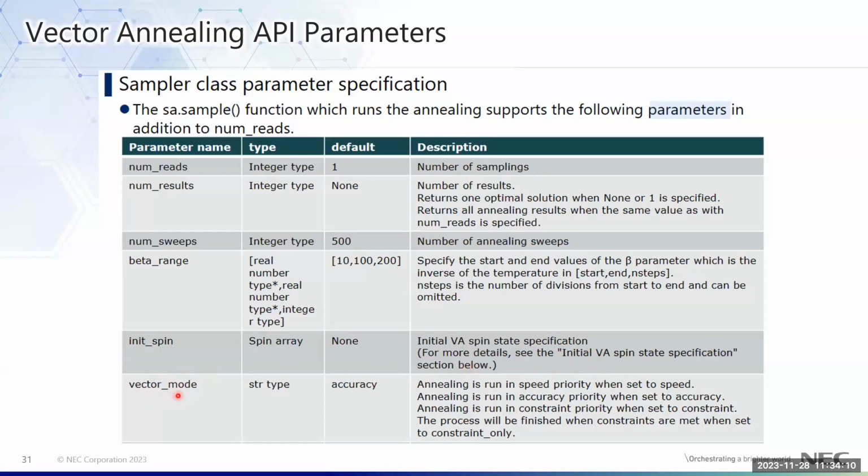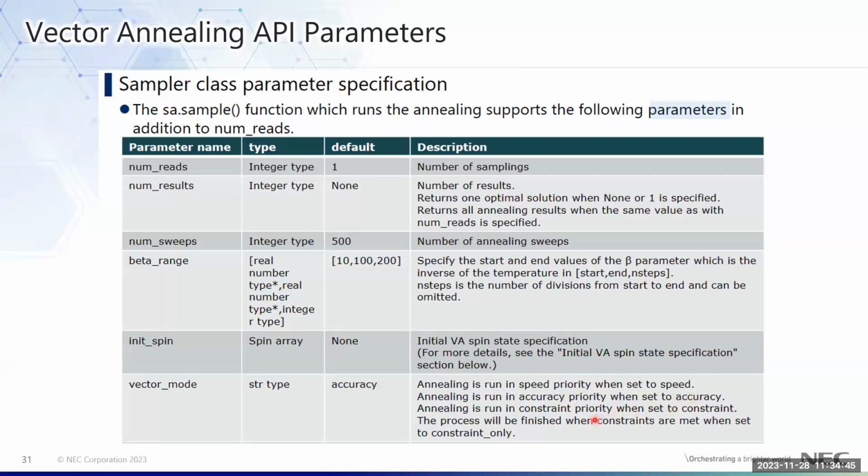Vector mode is also important, where you can either set it to accuracy or you can set it to speed. Annealing is run in speed priority when you set the vector mode to speed. In this case, the priority would not be the accuracy of the solution, but how quickly you can get a solution. And if you provide accuracy as the input to vector mode, then it will spend a little more time on the annealing, but it will focus on the accuracy aspect, so that your answer would be more accurate.